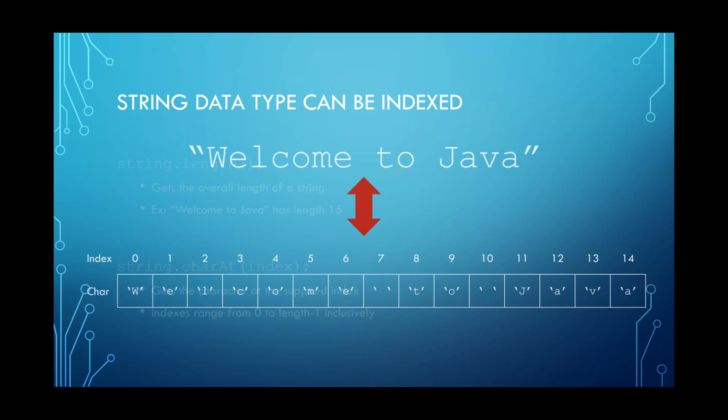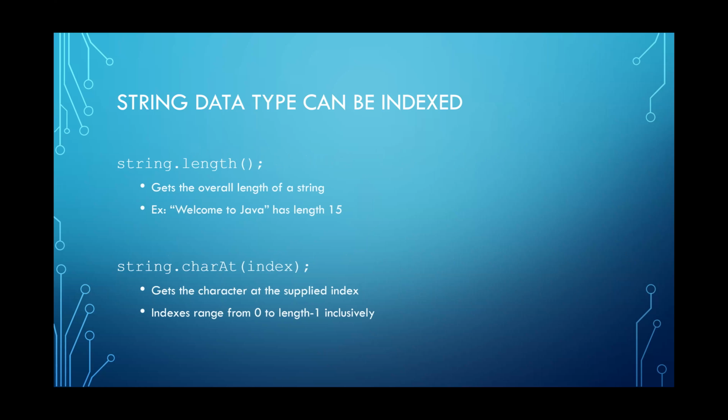So that first index will always be 0. And so from 0 to 14 inclusively are 15 different numbers: 0, 1, 2, 3, 4, 5, all the way to 14. That is 15 total numbers. So although there are 15 characters in this string, the indexes go from 0 to length minus 1.